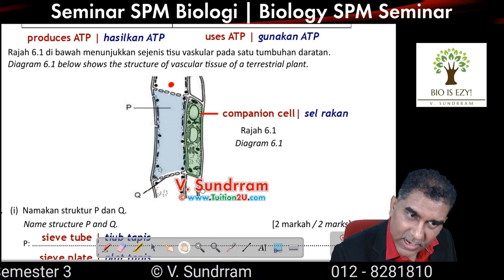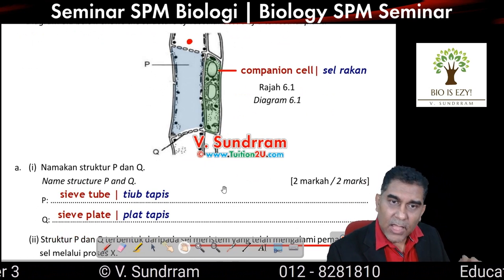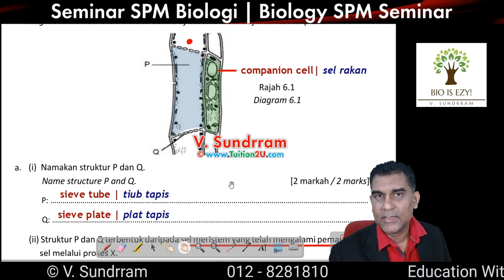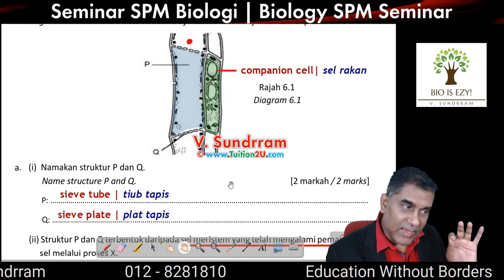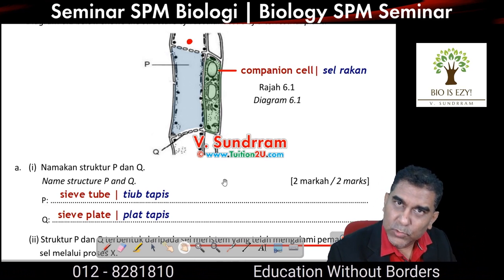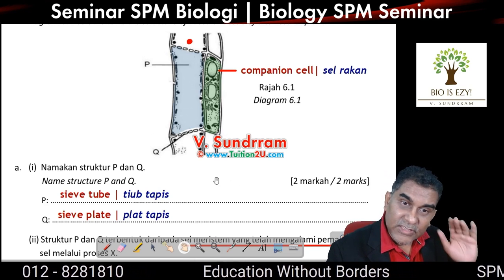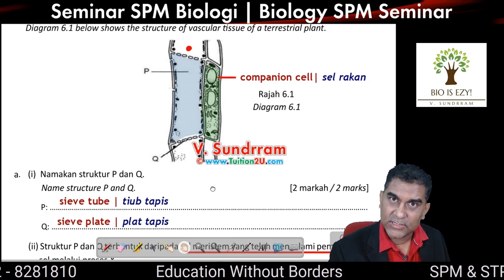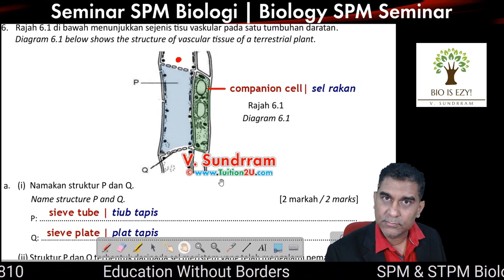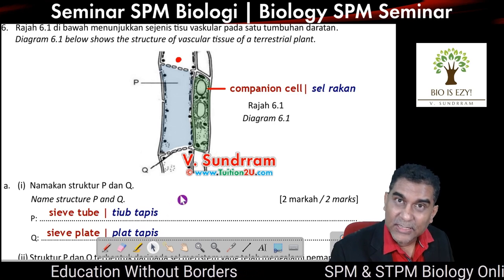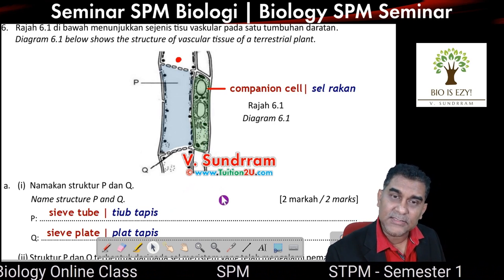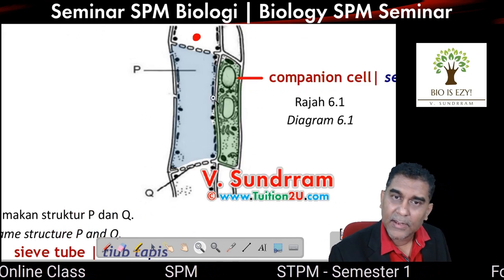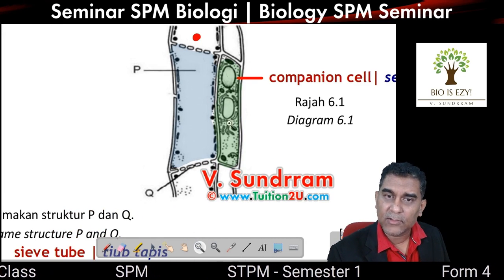Dan saya nak ingatkan balik, kalau kita suruh label, kalau kita suruh kenal pasti, when we ask you to label, when we ask you to identify, when we give you a diagram in the question, it is for you to use. You don't have to predict. Kamu tak perlu buat ramalan jawapan. Jawapan ada pada rajah. Kamu boleh nampak dalam sel rakan banyak komponen.